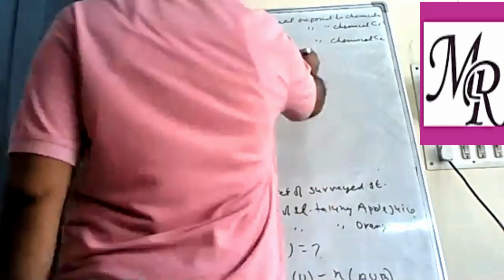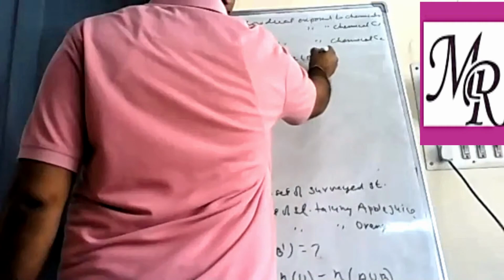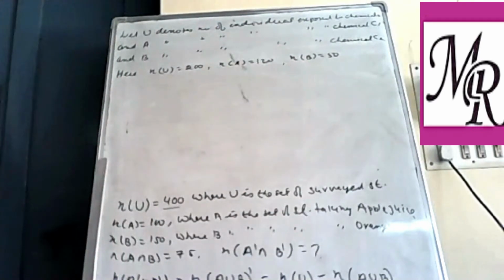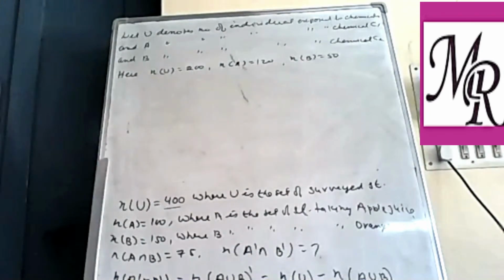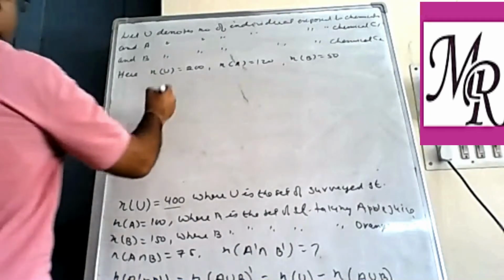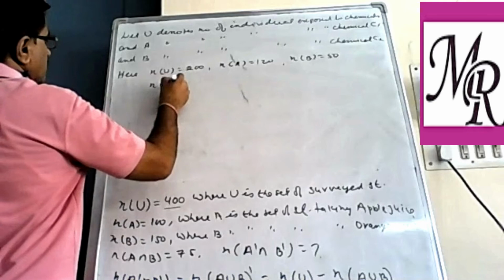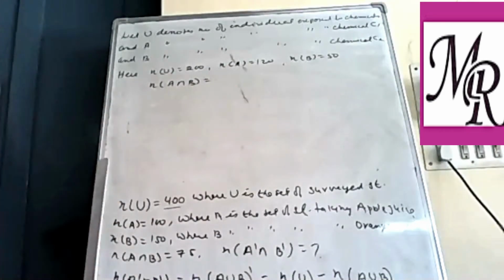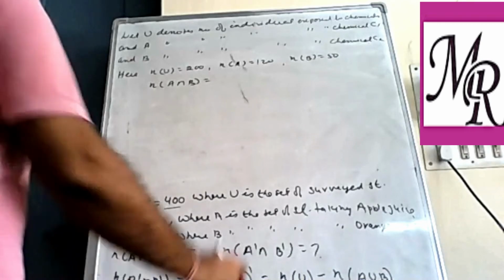So number of element in B is 50. And for both chemical it is given 30. Now exposed to chemical C1 and C2, that is given as 30.